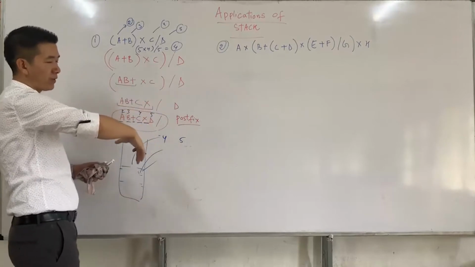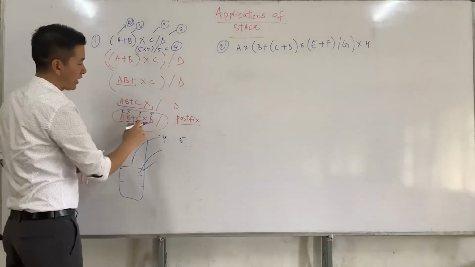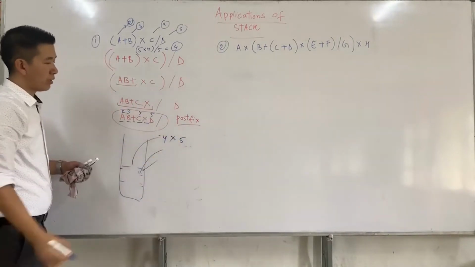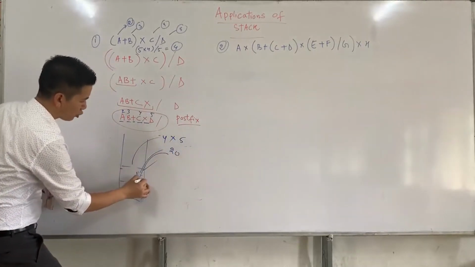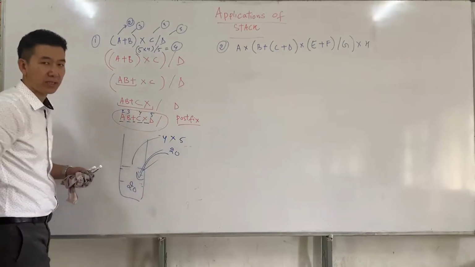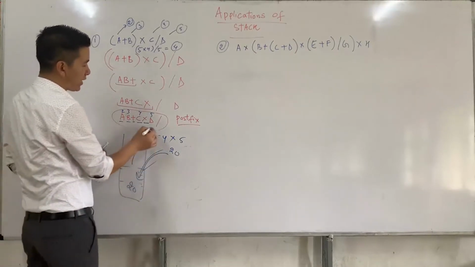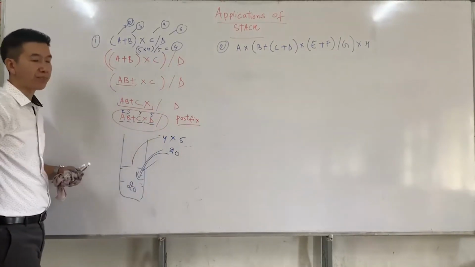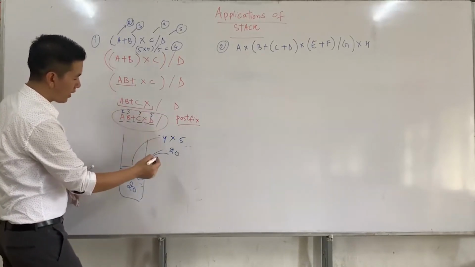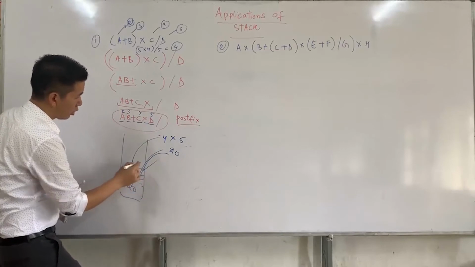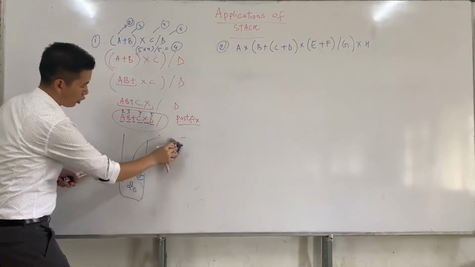They will be taken off the stack, and then the multiplication will be carried out. The result of 20 will again be pushed back to the stack. And then finally you have the D. D is nothing but an operand. The value of D, which is 5, will again be pushed onto the stack.